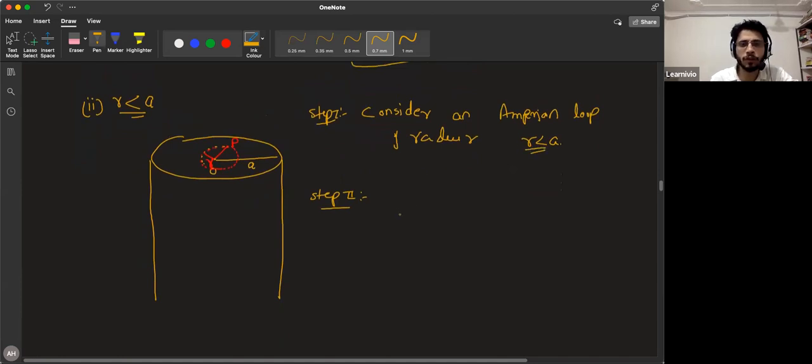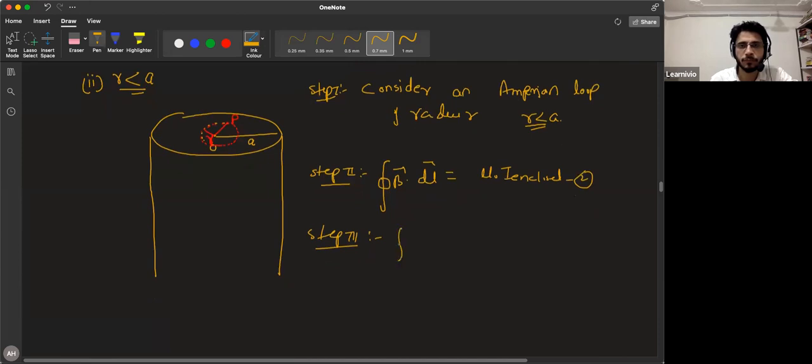What was the second step, Akshay? Closed integral of B dot dl equals mu naught into I enclosed. That's the second step. What is the third step, Noah?